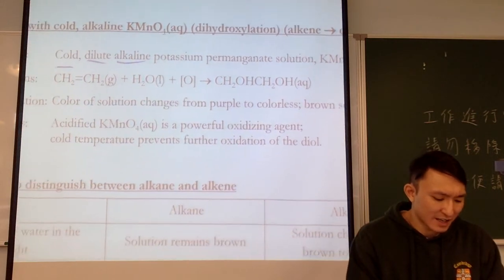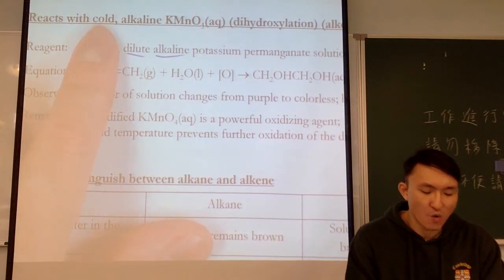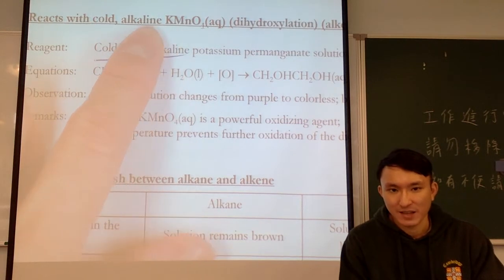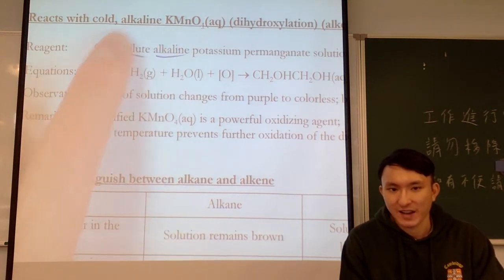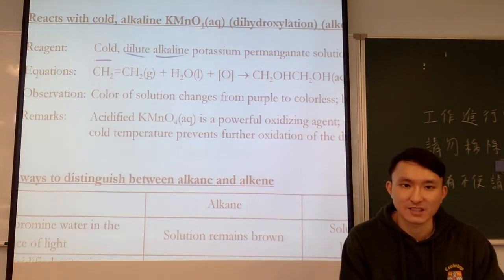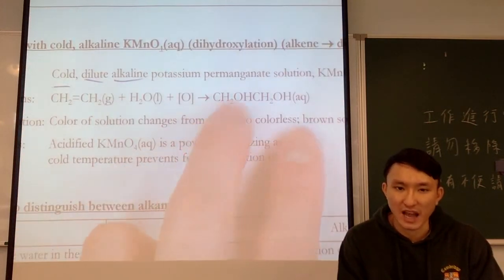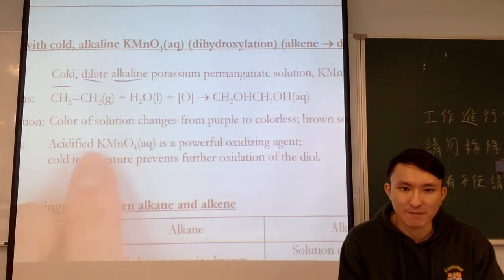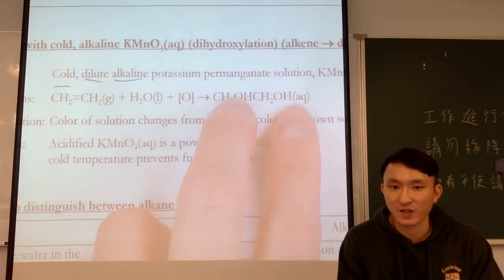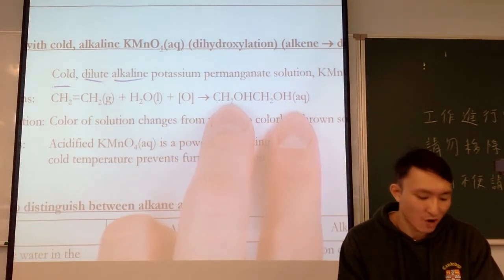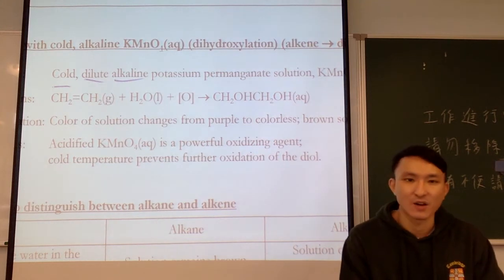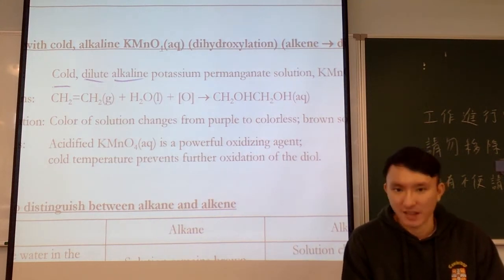Now, you may ask, why do we have to use cold alkaline potassium permanganate? The reason is because acidified potassium permanganate is a very strong oxidizing agent. So once they form the alcohol, the permanganate ion may further oxidize the alcohol to form dialdehyde or even a dicarboxylic acid.